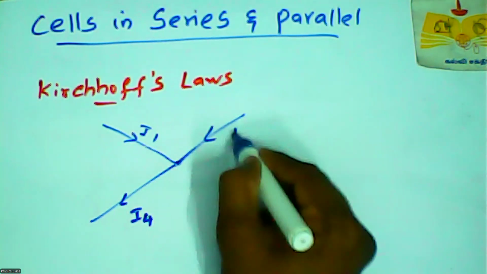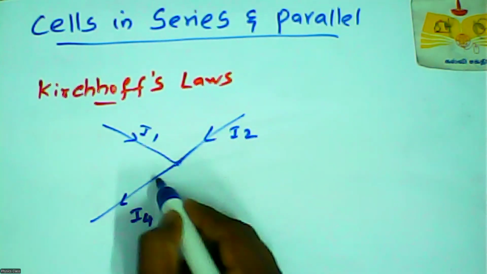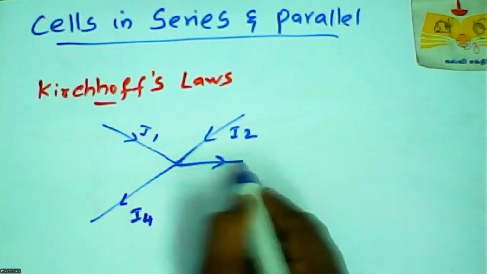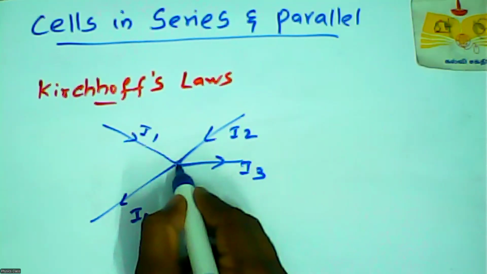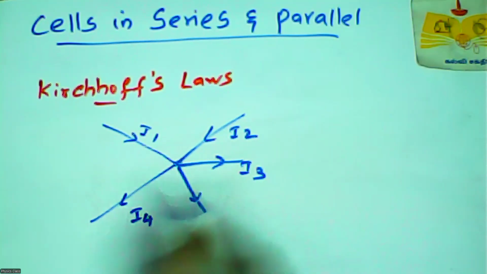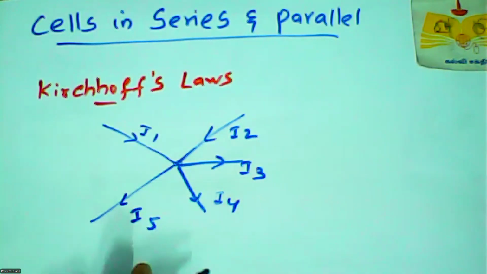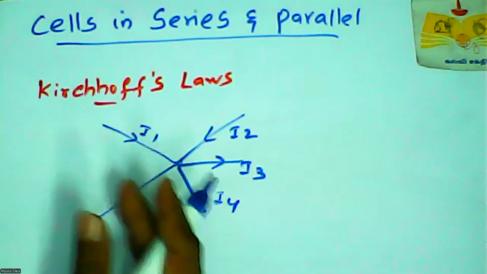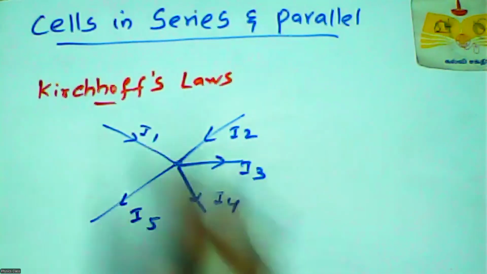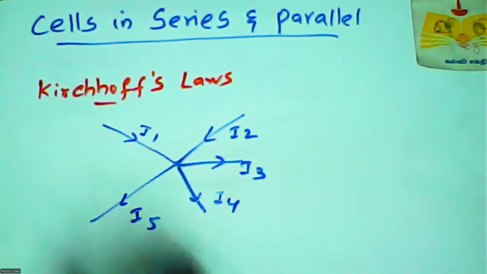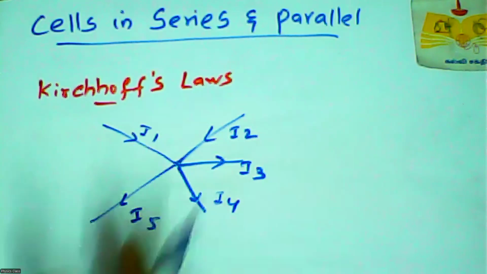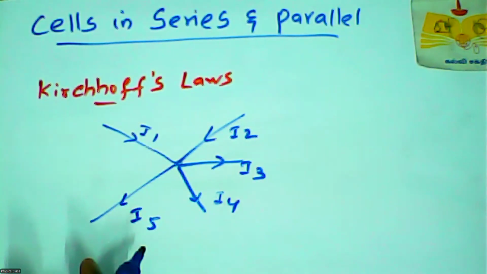This is I2. I2 coming towards the point, and I3 going away from that point. And this is I4. This is I5. We can label it any number. So I1 coming, I2 coming, I3 going, I4 going, I5 going, right? So two currents coming, three currents going away from that point.